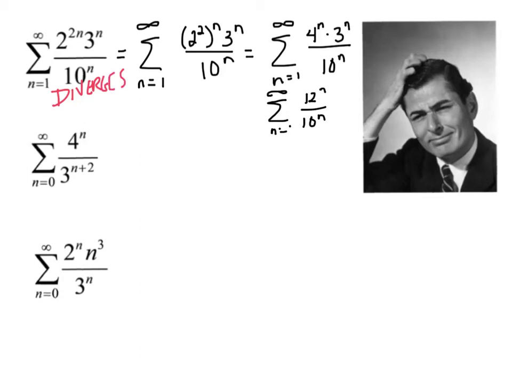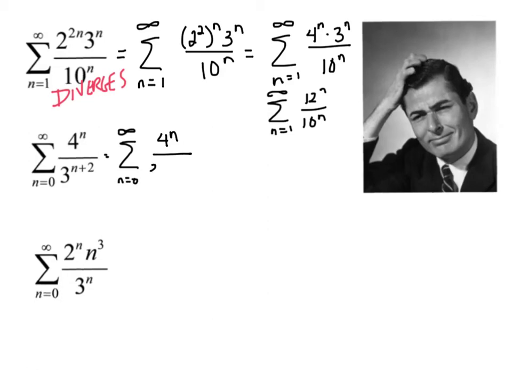Okay, let's look at this one. I'm just using a little algebra. Remember what we talked about on the very first day of geometric series, where we always like to have the same powers. That's kind of the manipulation I did up here. I said, well, I'd like them both to be to the n. So here I'm going to do the same thing. I'm going to have 4 to the n.